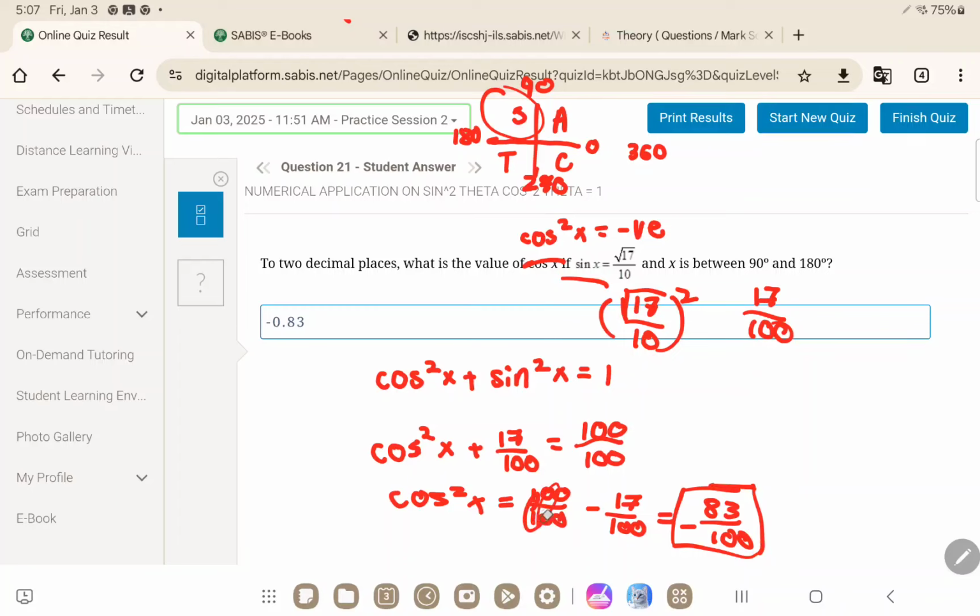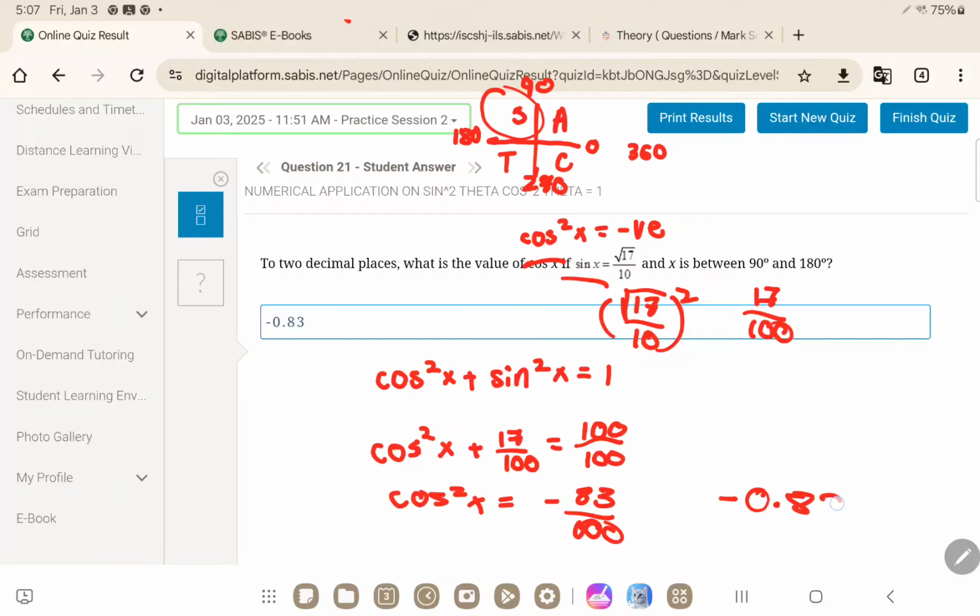So we can just remove this part. So cosine squared x equals negative 83 over 100, which is the same as negative 0.83. So cosine squared x equals negative 0.83, which is our answer.